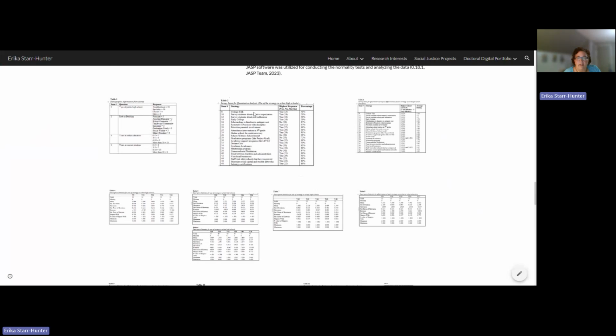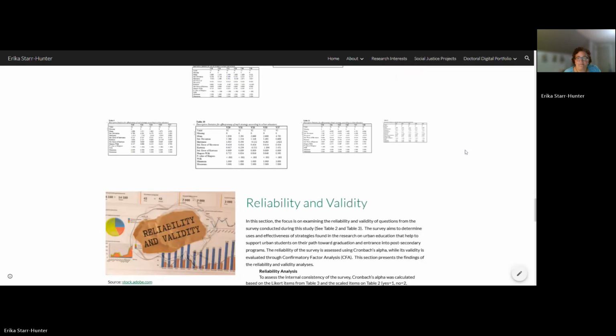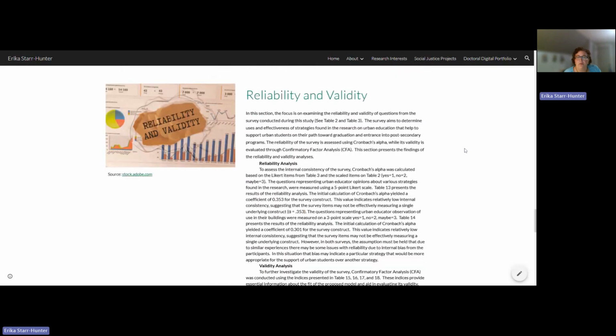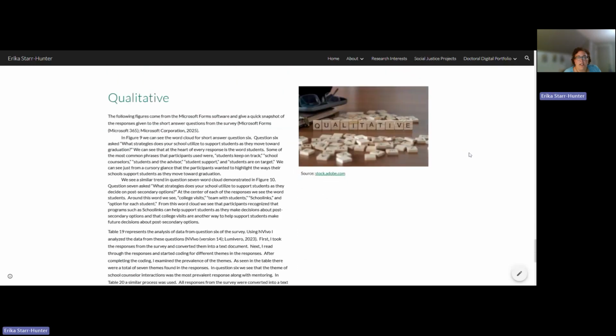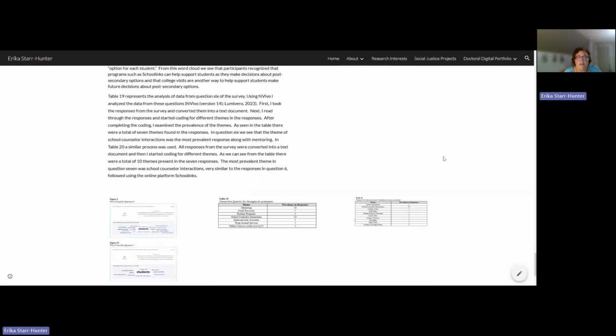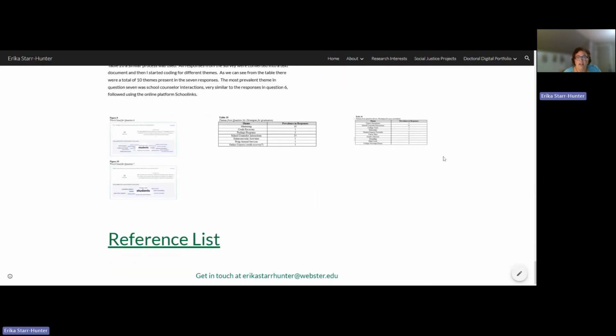Here are the list of different equity factors that I found within the research. I did reliability and validity tests. I also did qualitative analysis, and I used NVivo for this. And you can see the tables I've created using NVivo and also Microsoft Forms.